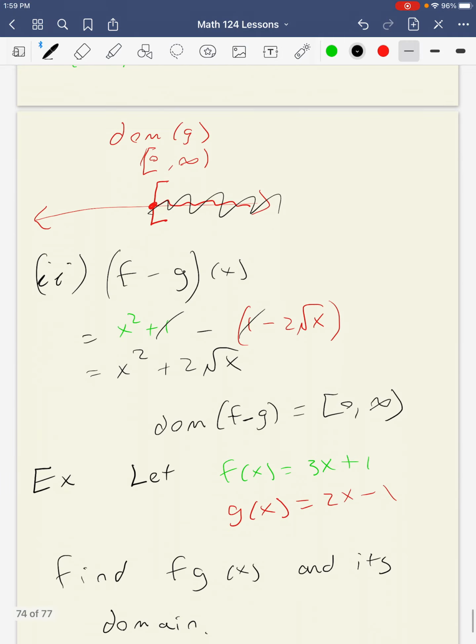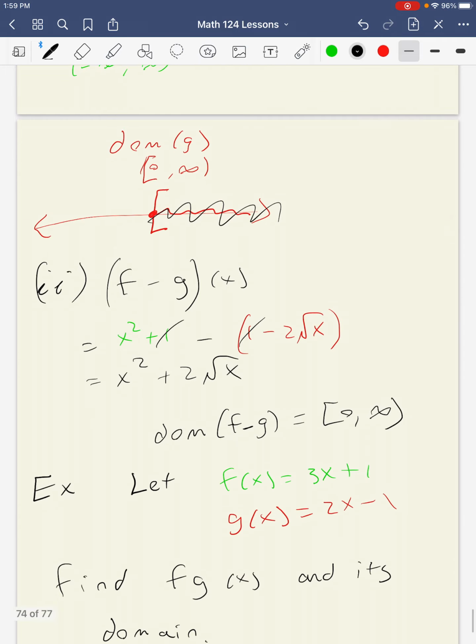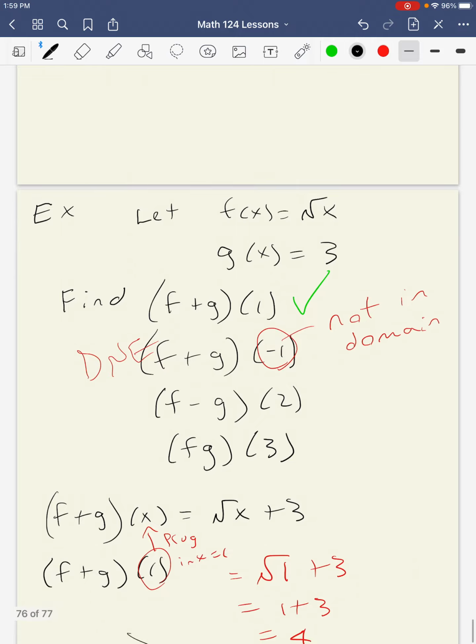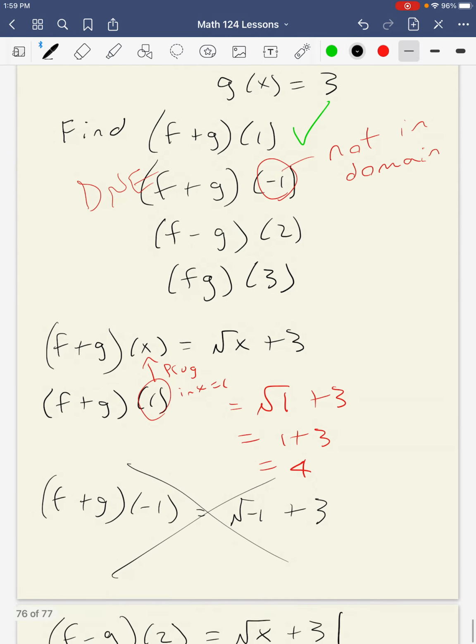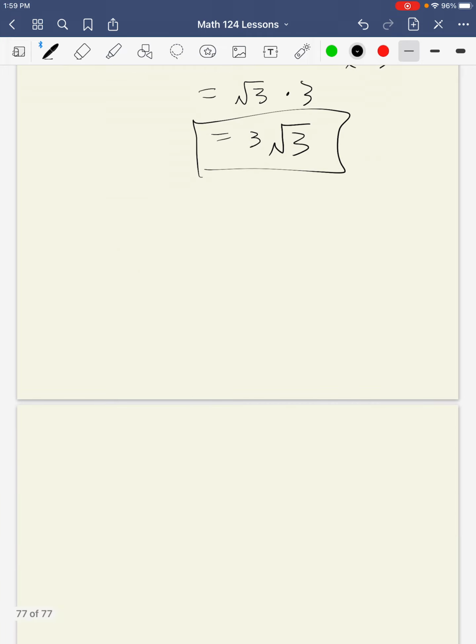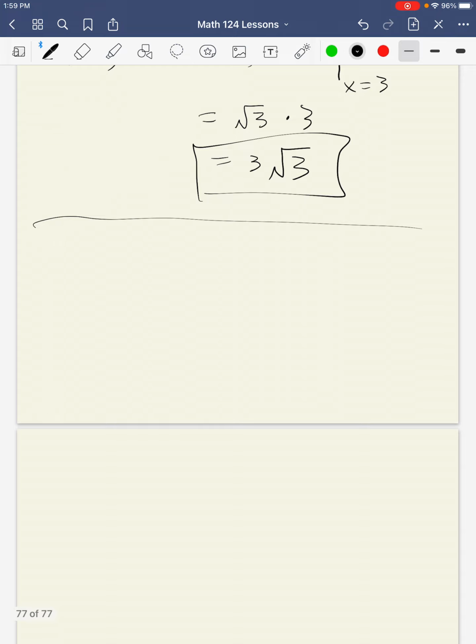Okay, so to summarize, we learned how to add and subtract and multiply functions, and we also learned how to plug numbers in. Okay, so now let's turn our attention to division, which is pretty much the same idea. There's just one extra complication, and that's if we have a function on the bottom, it cannot equal 0 because we cannot divide by 0.